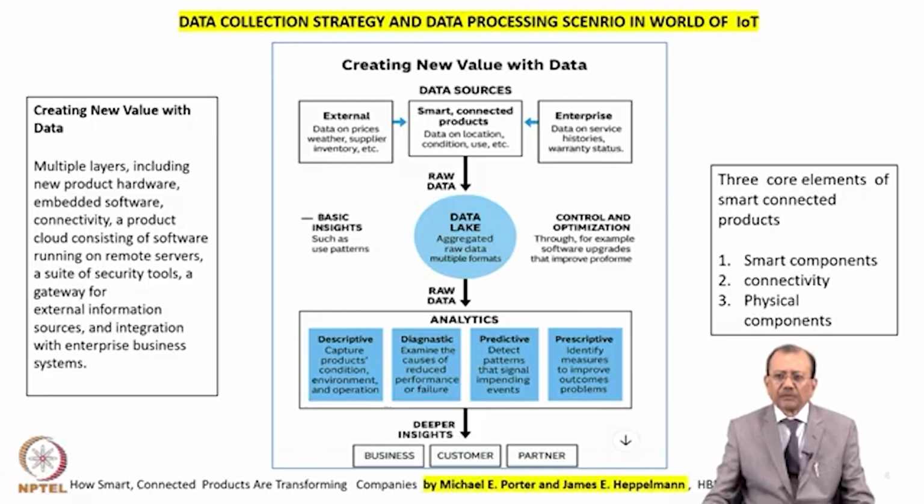So this picture is worth remembering: when we say data, first of all, which sources is the data coming from, what is the format of the data, and then where is the data being processed and stored, and what are we using this data for, analytics like that. And then finally, the business benefits from this data, business or customers, whatever.